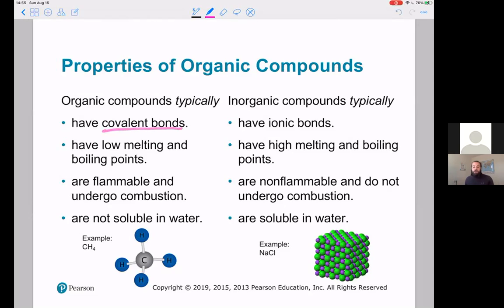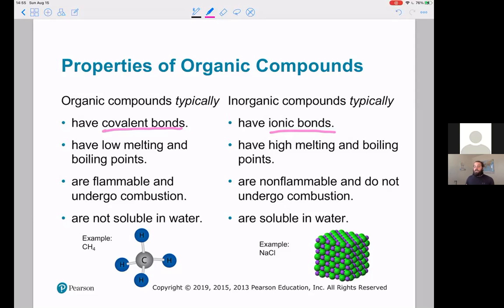When we're talking about inorganic compounds, most of the time we're talking about salts. So things that are held together by ionic bonds, okay? Ionic bonded compound salts have really high melting and boiling points, right? You can't really melt table salt, sodium chloride. Whereas organic compounds have lower melting and boiling points.